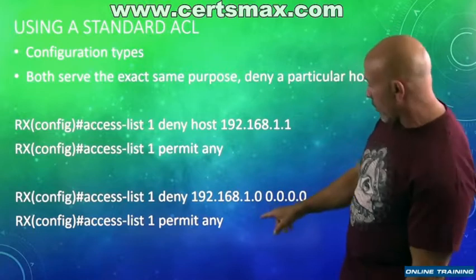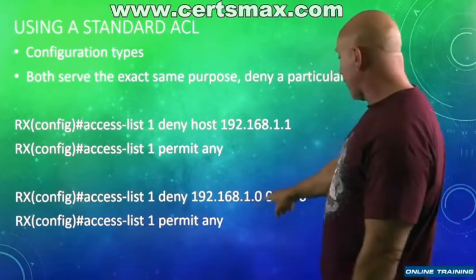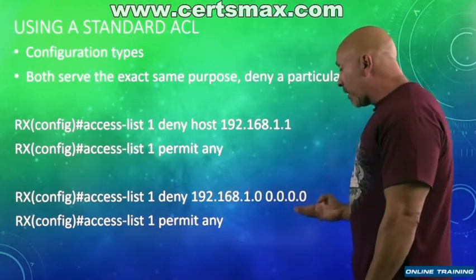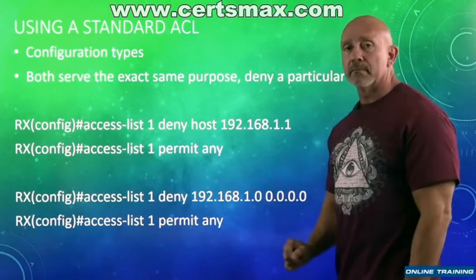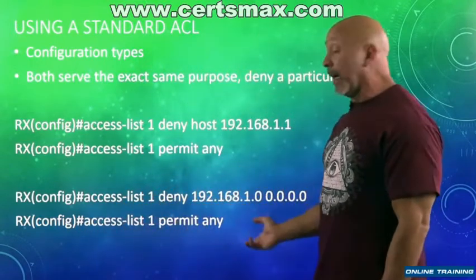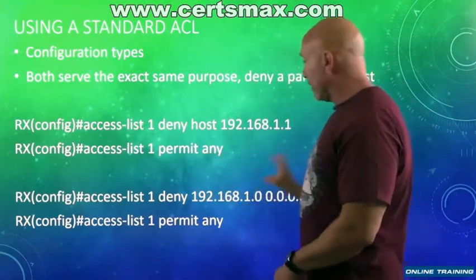Oh, I think I skipped the 1 here. That should have been a 1. Doesn't matter. If you see all zeros, that means match exactly each octet. And then access list 1, permit any. So you permit anything else. So this is your standard access list.